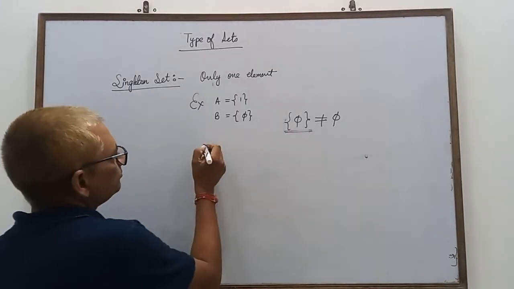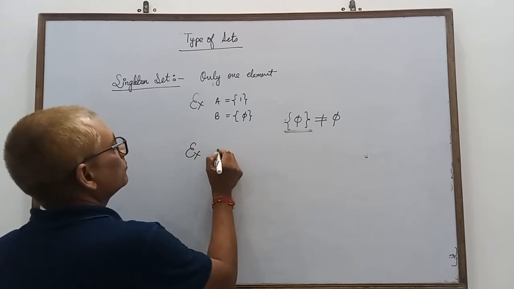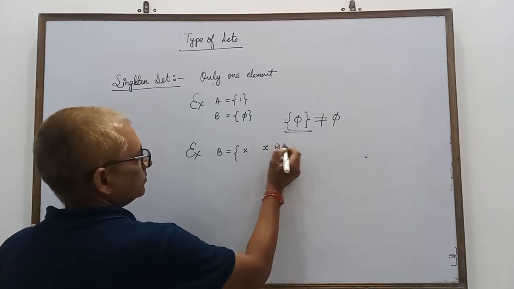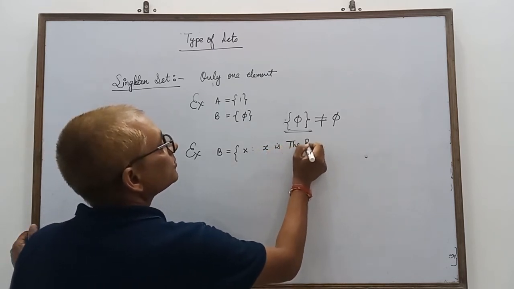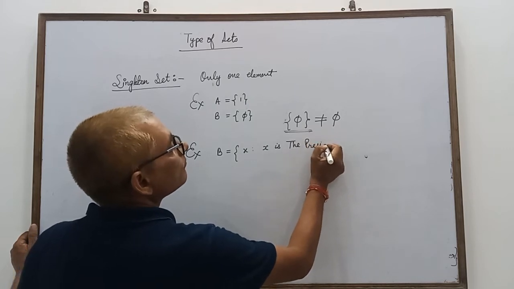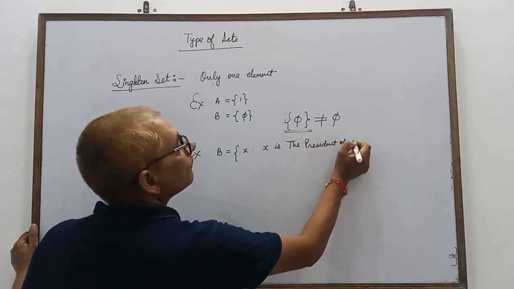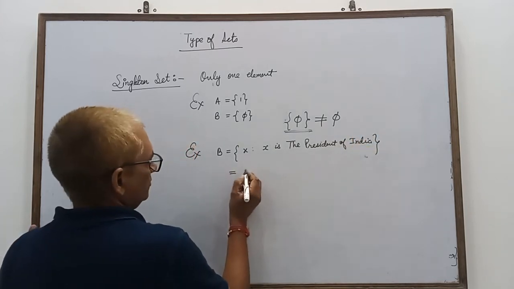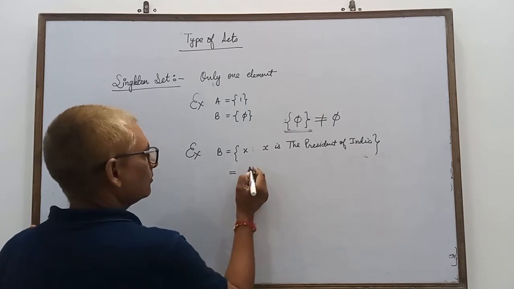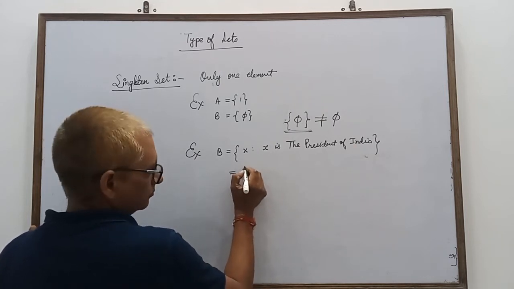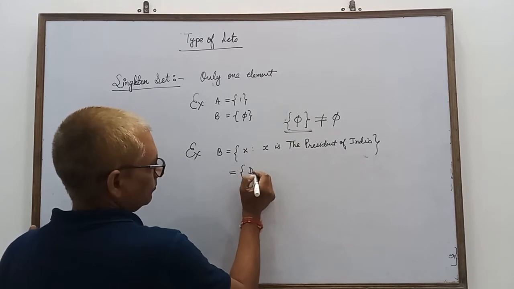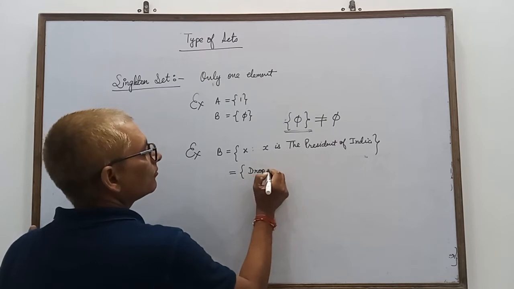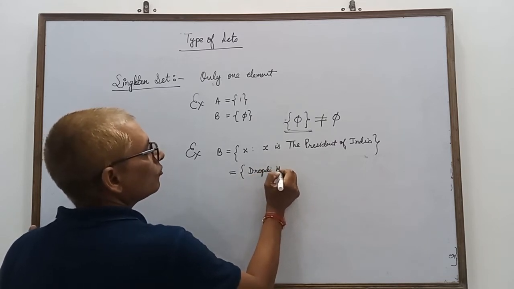Next we are taking an example: B is the set of x such that x is the president of India. It is only one person, you know, Draupadi Murmu.